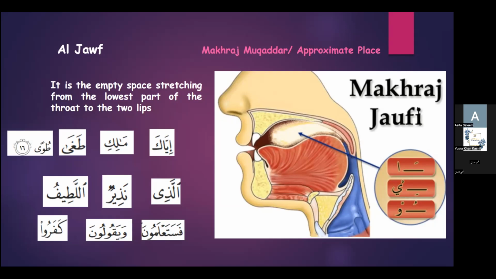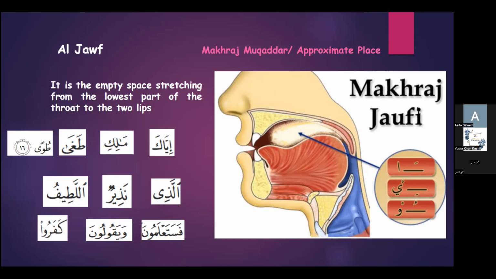I know the letter ya, which is ya mutaharika, comes from the center of the tongue. Once the sound is released from the place of its makhraj, the elongation takes place from this area, which is very vast. If I try to make it longer for the sake of explaining, I'll say ya, ya.